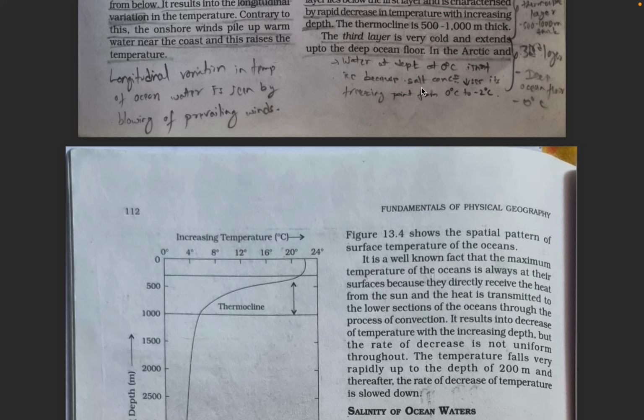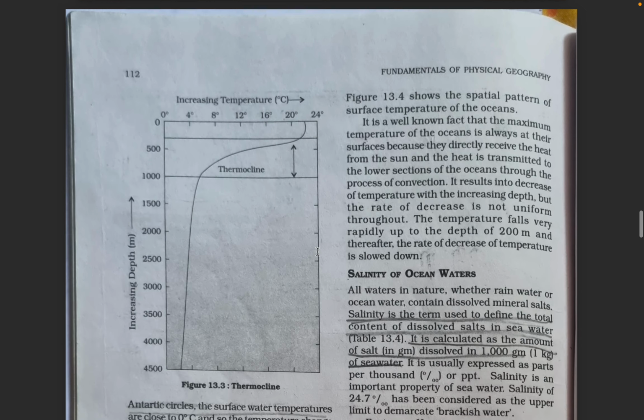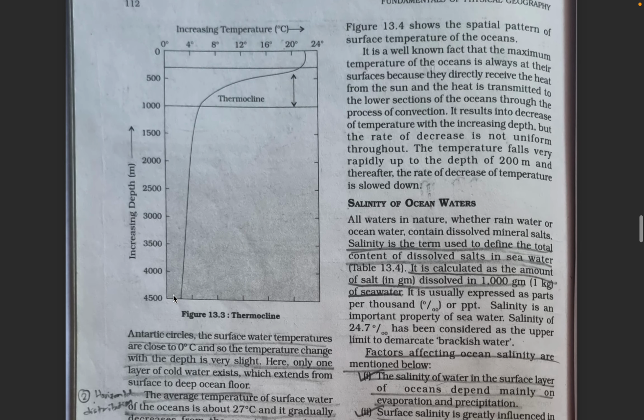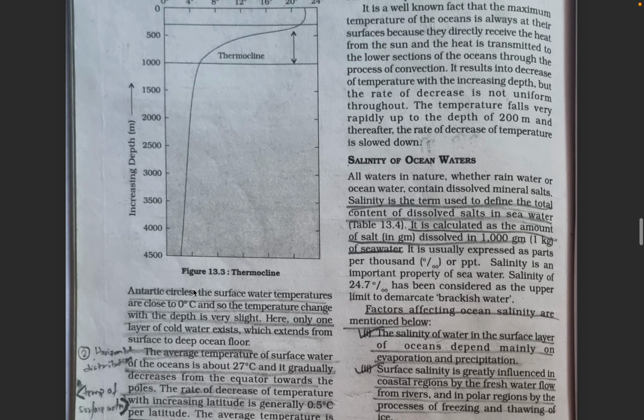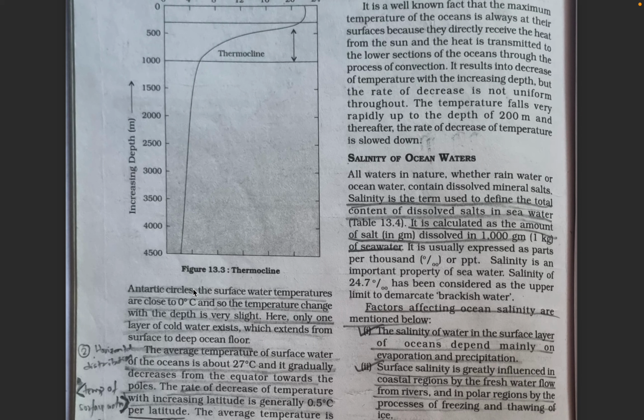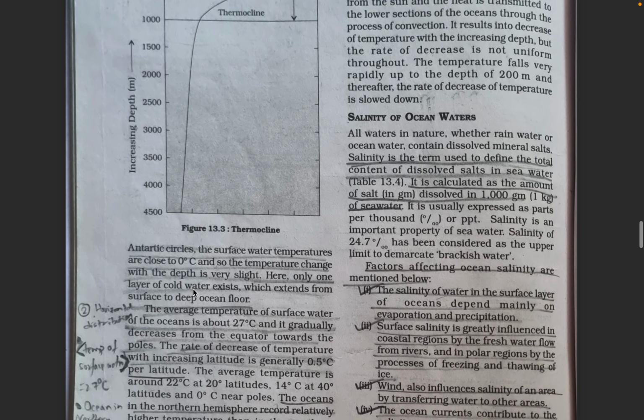And water at depth at 0 degrees Celsius is not ice because the salt concentration lowers the freezing point from 0 degrees to minus 2 degrees Celsius. The temperature here reaches around 0 degrees at depth, but the water doesn't convert to ice because the salt concentration is higher, which takes the freezing point of water from 0 degrees to minus 2 degrees Celsius.